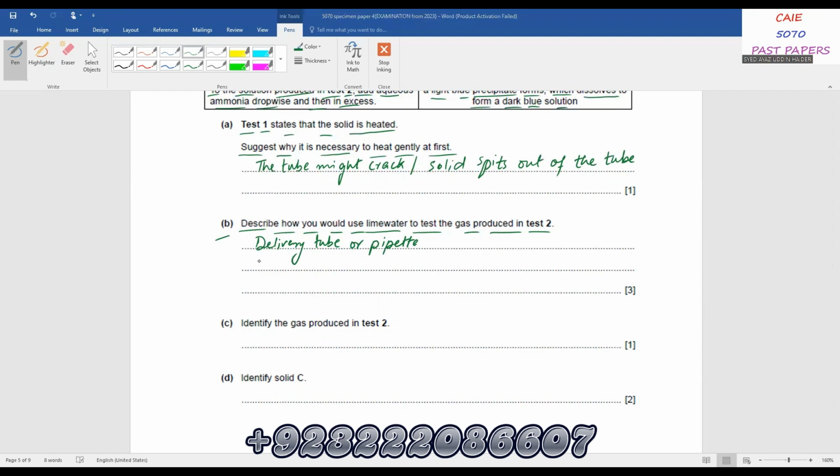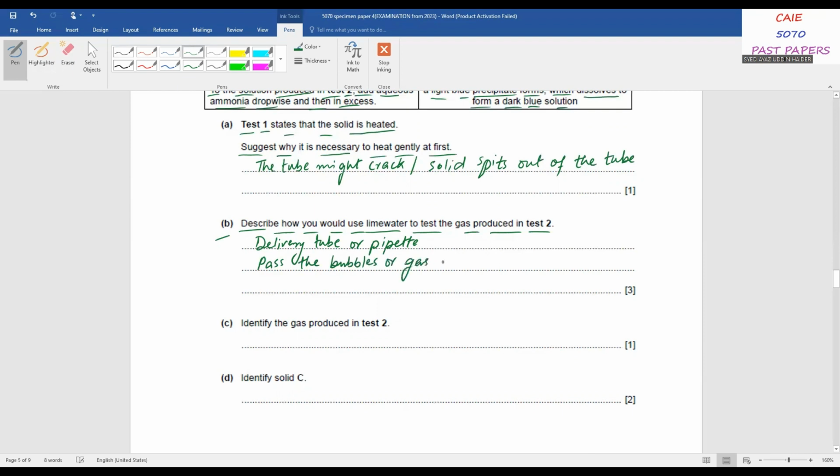You pass the bubbles or gas through the lime water. In second test tube, you will perform this. So you have to write in second test tube.